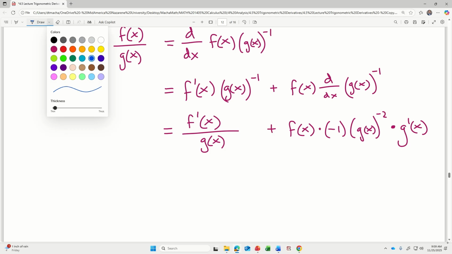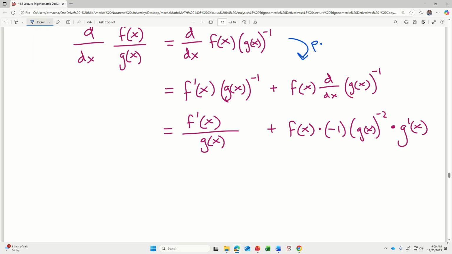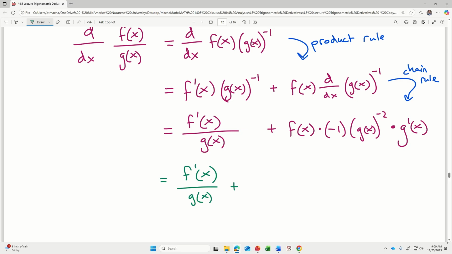So as I'm proving the derivative quotient rule, I'm using the derivative product rule, and I'm using the derivative chain rule. And so now I have f prime of x divided by g of x plus, or maybe I should say minus, right? Because there's a negative 1 in there.